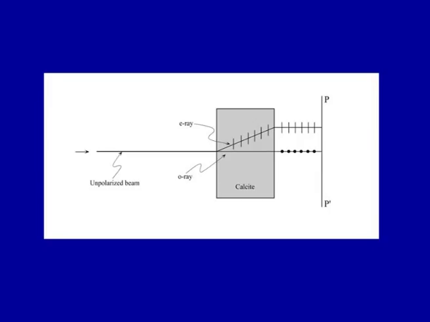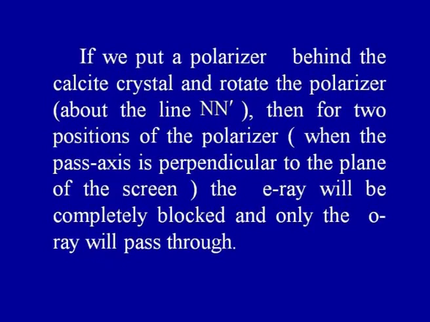Now, if we put a polarizer behind the calcite crystal and rotate the polarizer about the line n prime, then for two positions of the polarizer, when the pass axis is perpendicular to the plane of the screen, the E ray will be completely blocked and only the O ray will pass through.